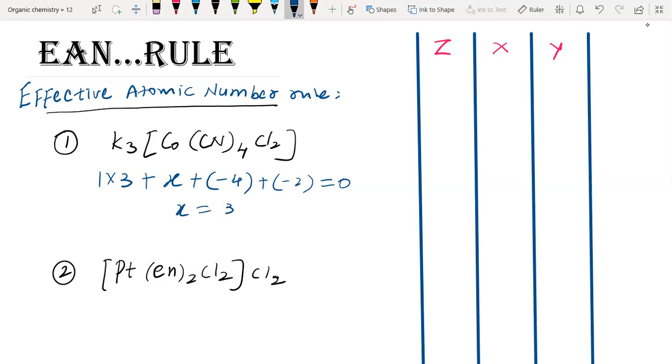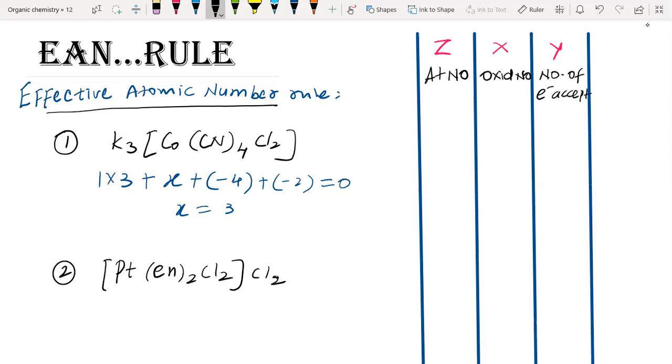Why do we require this? As you see, ZXY: Z is the atomic number, X is the oxidation number, and Y is the number of electrons accepted by the metal.